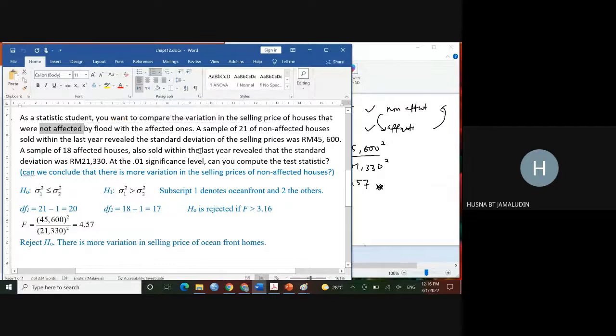And then if you look at the value here, the not affected housing price is 45,000, and then you compare with the affected 21,000. So normally the question will be designed in such a way that they put the bigger value first and the smaller value later. So make sure that you put the bigger value on top.